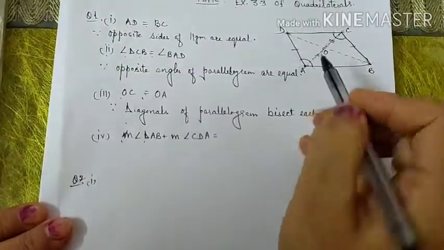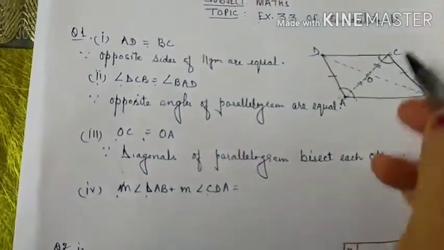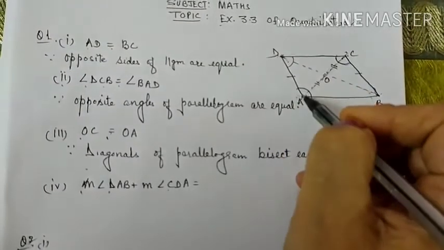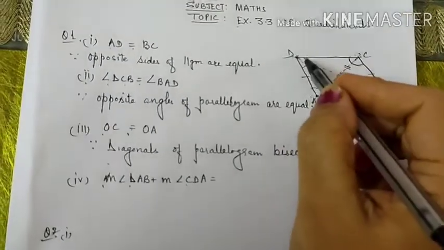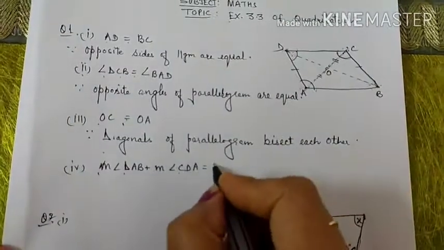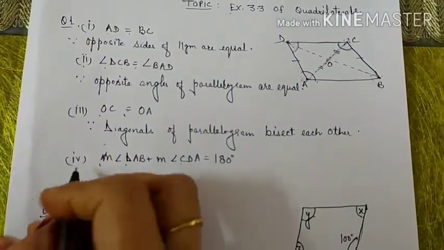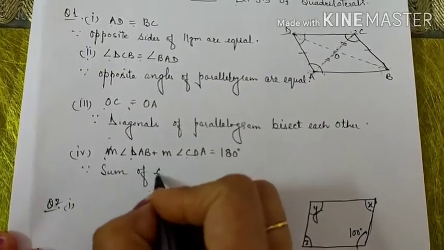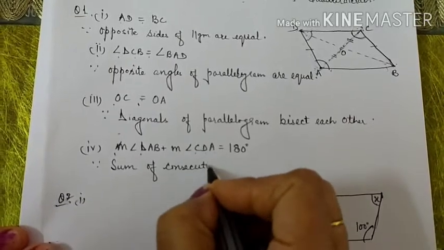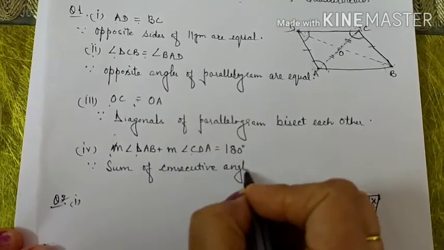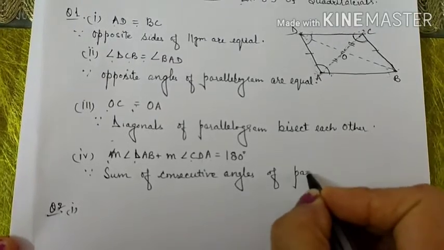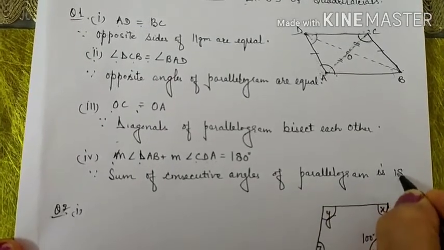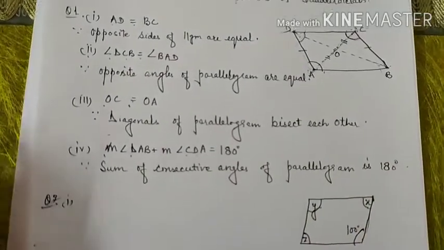DAB is this angle, and CDA is this other angle. So the sum of consecutive angles of a parallelogram is 180. That's why this is equal to 180 degrees, because the sum of consecutive angles of a parallelogram is 180 degrees.